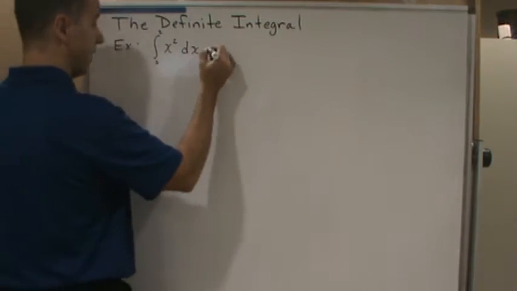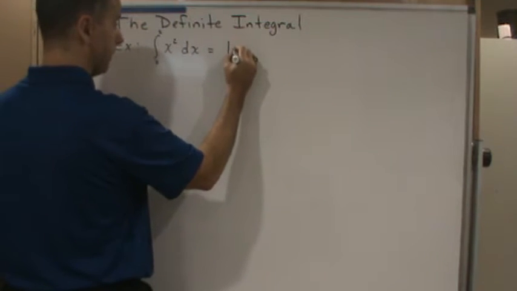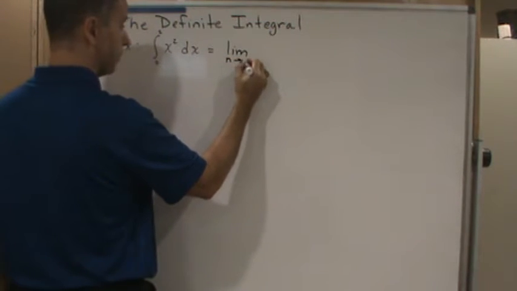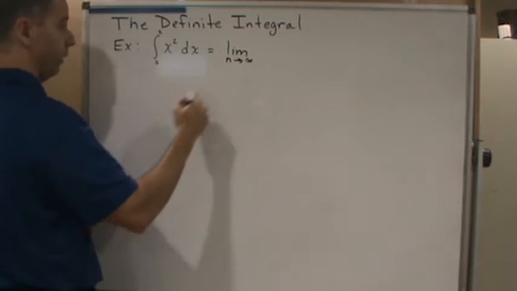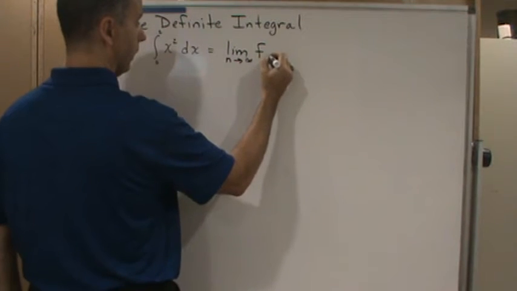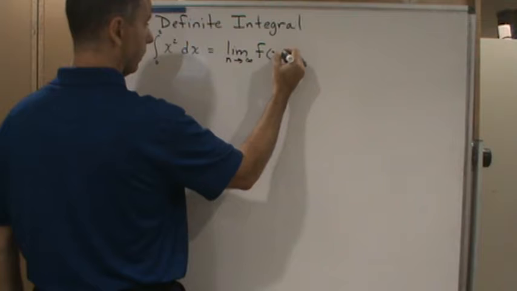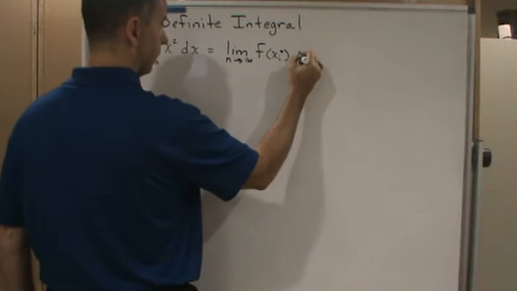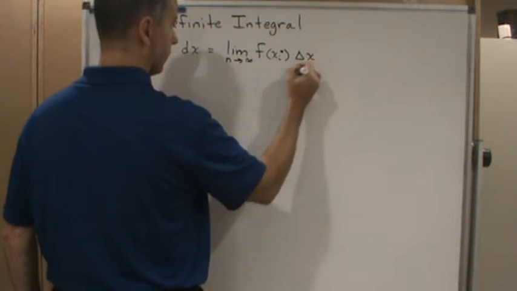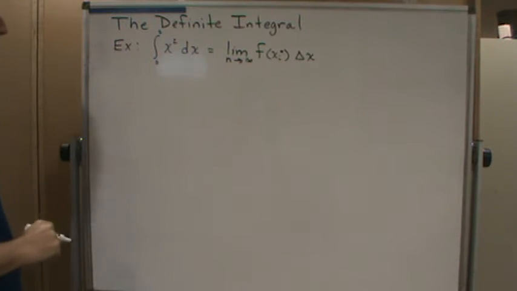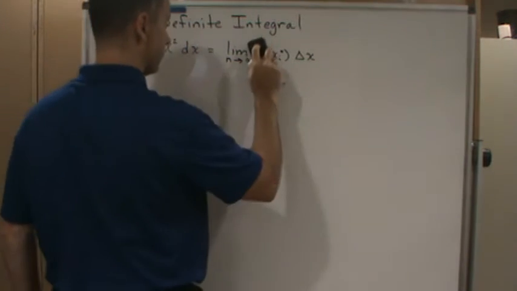Well, the definition says that we're going to take the limit as n approaches infinity of f of x sub i star times delta x. Oops, forgot the sum.